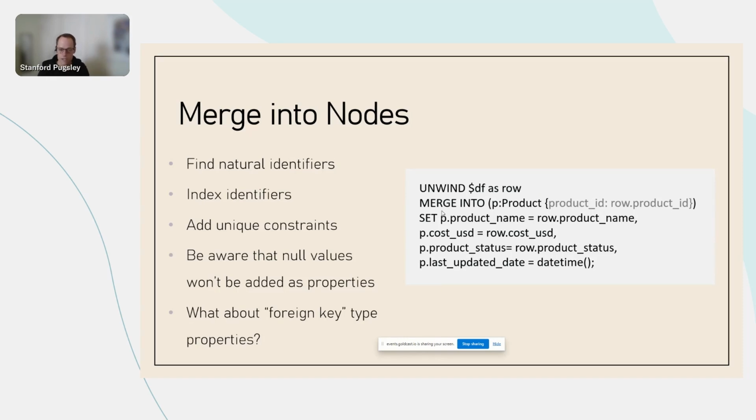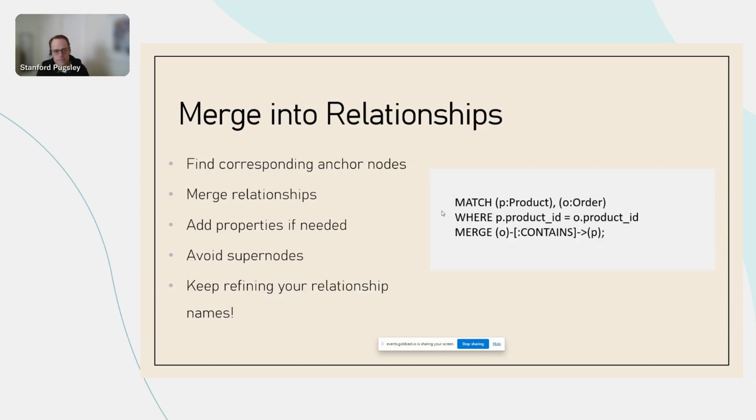So once you've got those identifiers, those unique constraints are going to help you make sure those are enforced. So one of the things I want you to notice here is that we're always using merges. Don't try to do inserts where you're having to spend a lot of time doing what a merge could do for you. So you find that identifier, and then you turn that into your merge anchor.